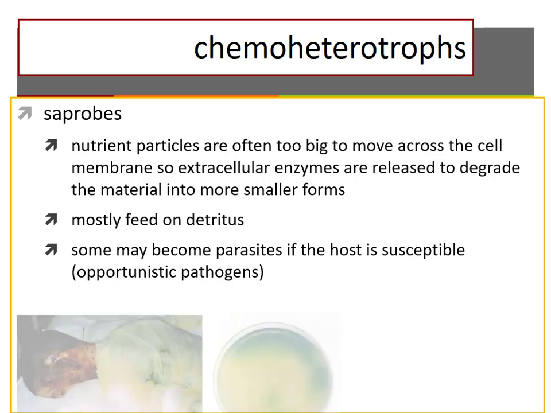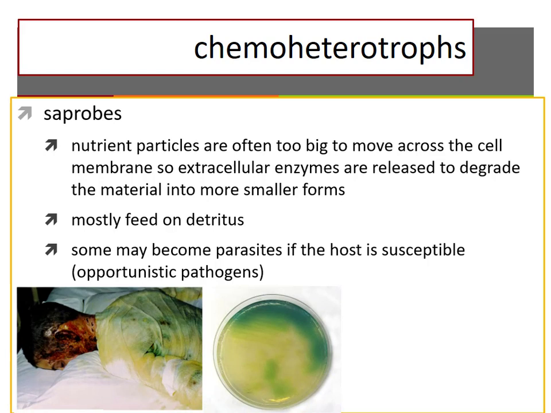My favorite example of these guys are our gram-negative bacilli that are soil-dwelling saprobes. They produce a pigment called pyocyanin, which is blue, and another pigment called pyoverdine, which is green. This is Pseudomonas aeruginosa. This is the one that smells like artificial grapes. Remember, these guys are saprobes, so they feed on dead organic molecules. They can become opportunistic pathogens of people like burn victims.